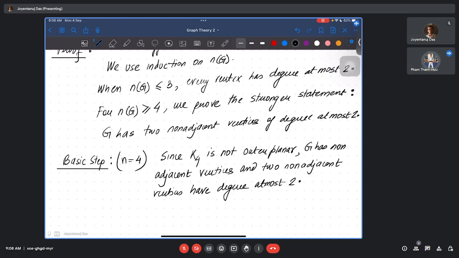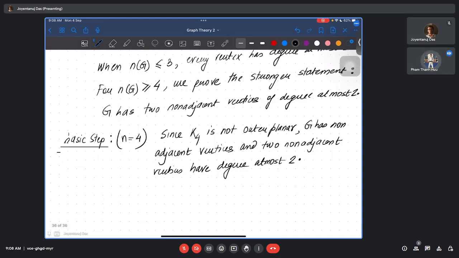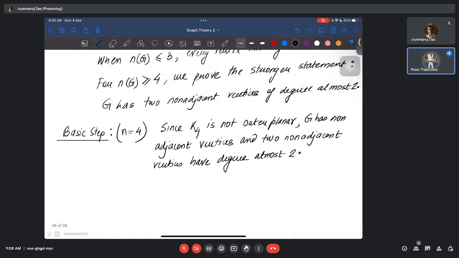So now the induction step. Before, we proved that K4 is not outer planar.